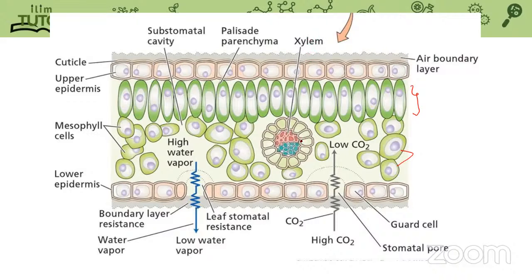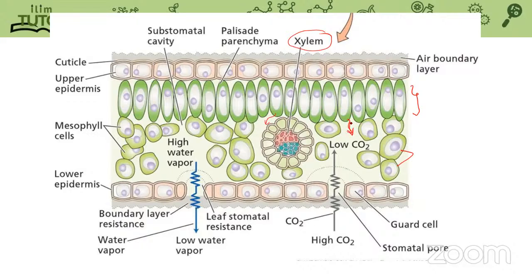And what happens is that it soaks the walls of the palisade as well as the spongy mesophyll cells. From here, it evaporates. The proper word to use in this context is evaporation.